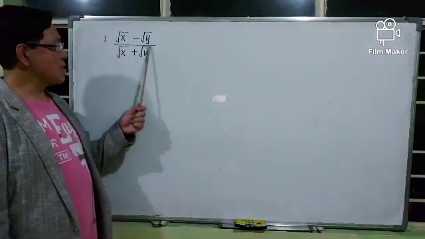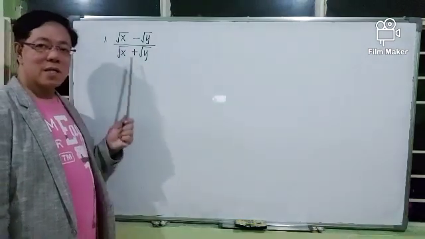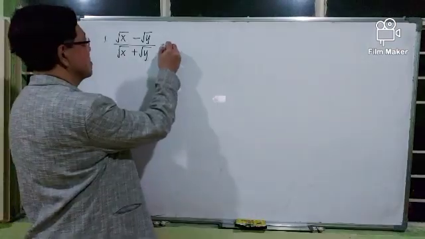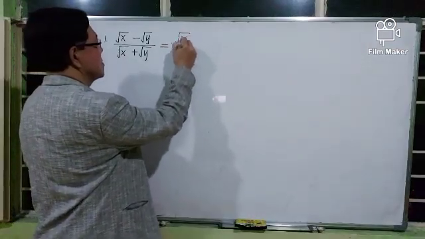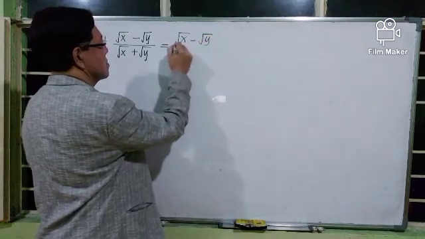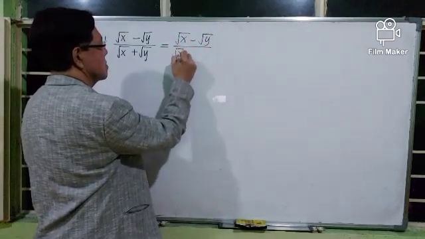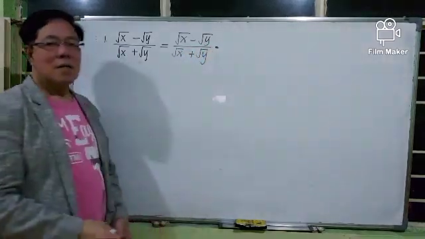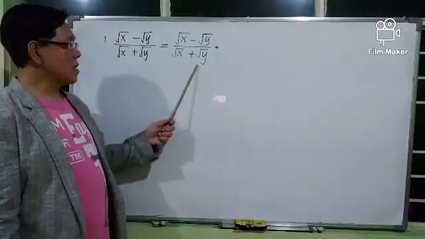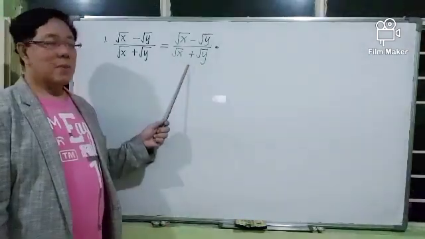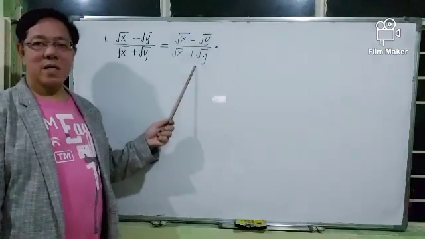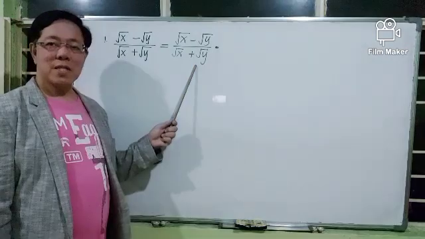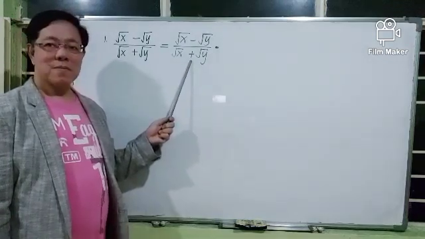To rationalize the denominator, we multiply the given algebraic expression by the conjugate of the denominator.